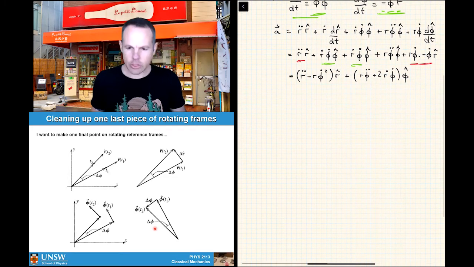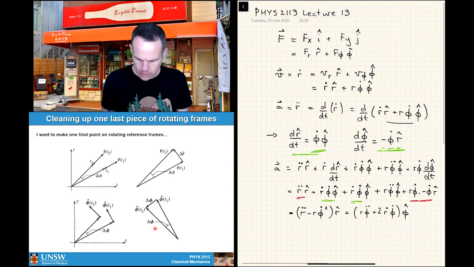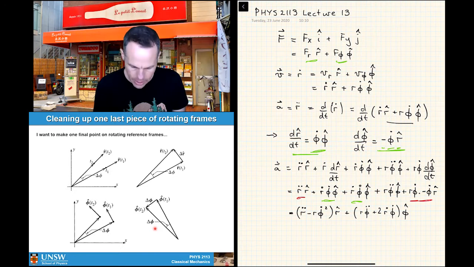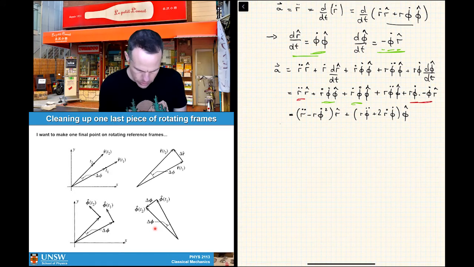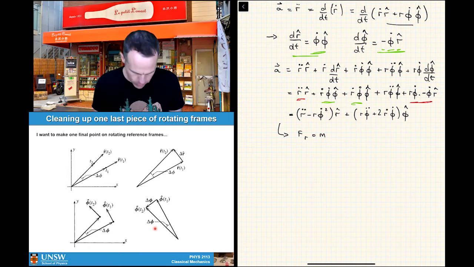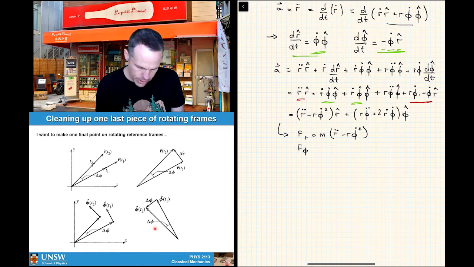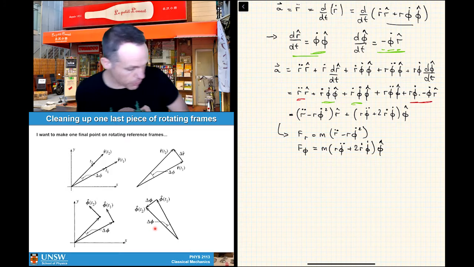Okay, and you'll remember way back up above we basically broke our force up into components f r and f phi, and we can do that again down here. So what we can do is pull this line down here and go f r is going to be, we have to add a term for the mass to convert from acceleration, m times r double dot minus r phi dot squared, and our f phi is going to be m times r phi double dot plus 2 r dot phi dot, phi hat, sorry.